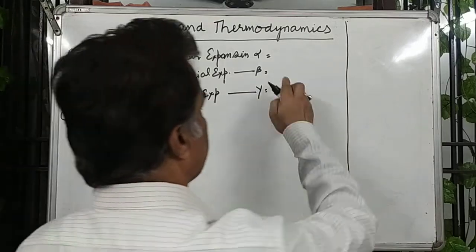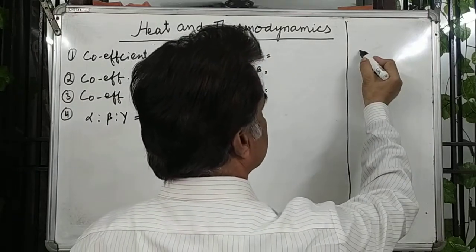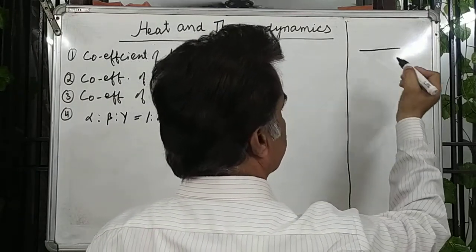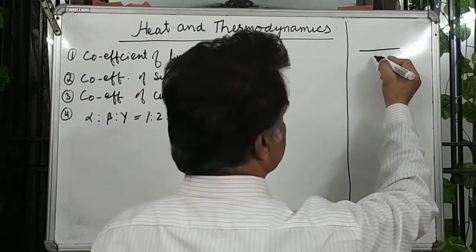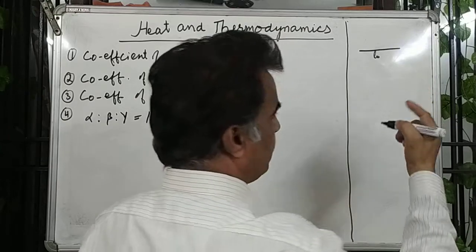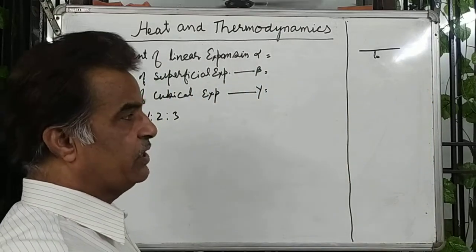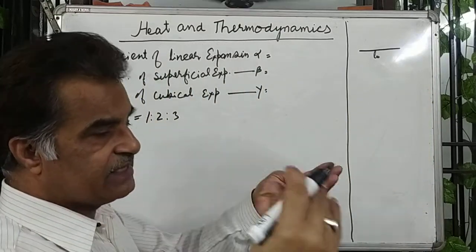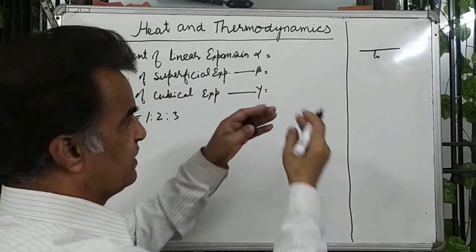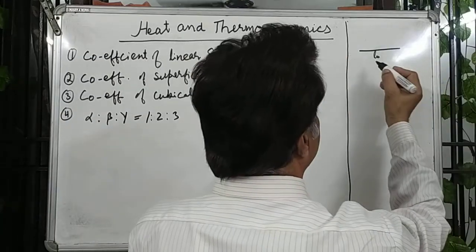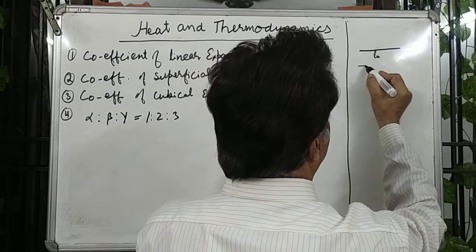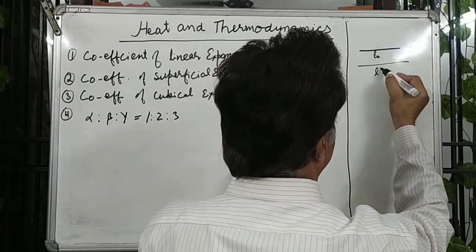Okay, in this way I am telling you, if there is a rod, its linear length is initially L naught. This is the initial length. On increasing temperature, the rod length will increase and this becomes L dash.